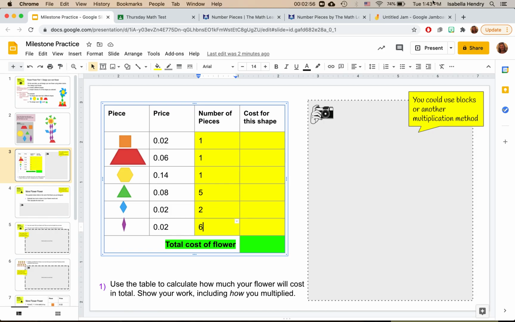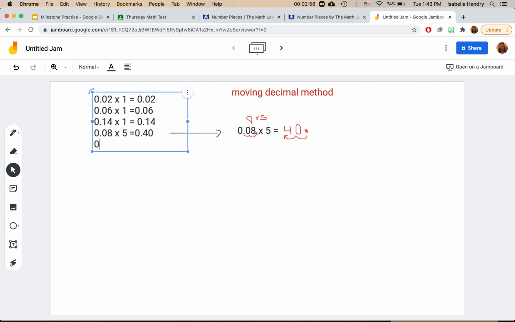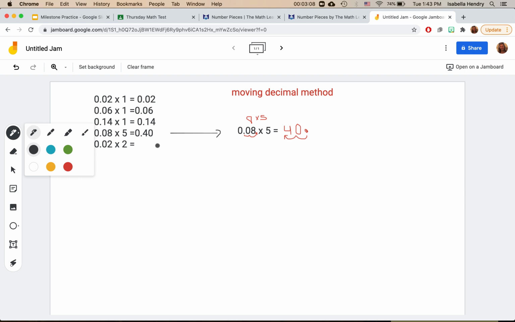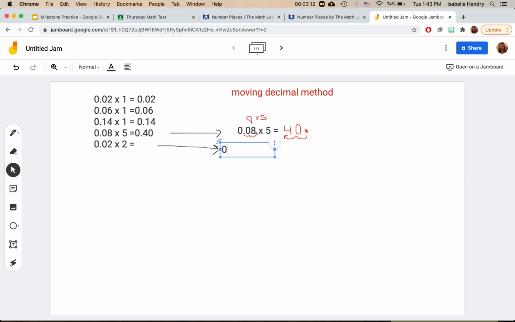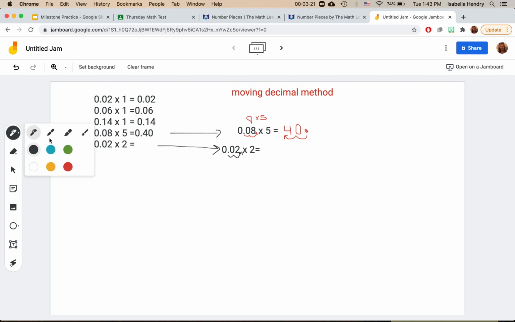All right, next one is 2/100 times 2. Again, I think I'll probably use the moving decimal method here. We'll do 2/100 times 2. I'll just move that decimal out 2 times. Let me use a new color. Then I know 2 times 2 is 4.